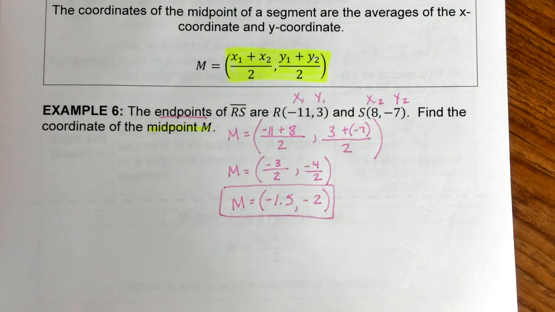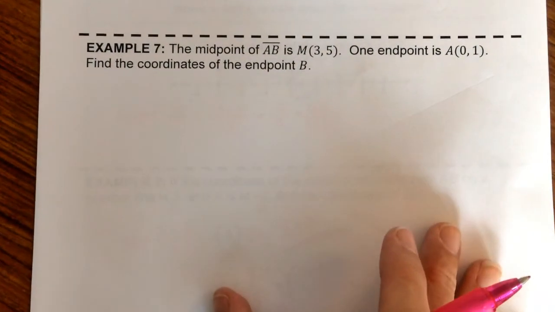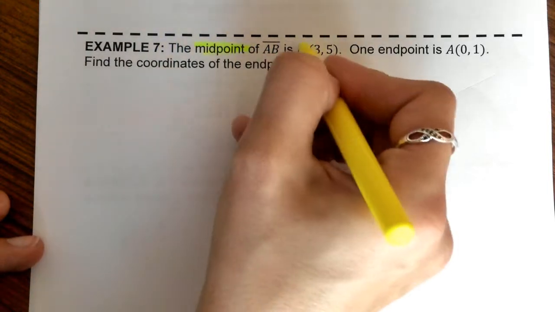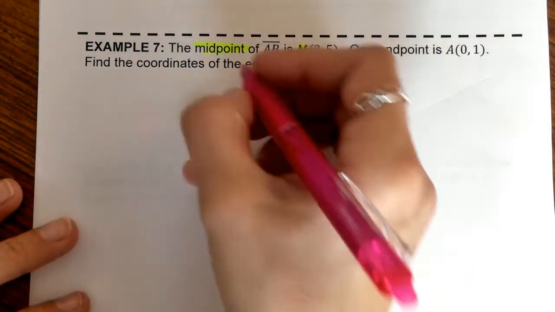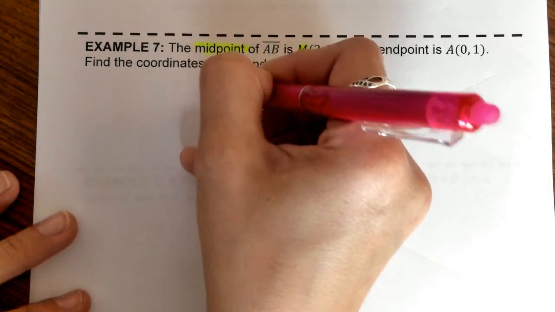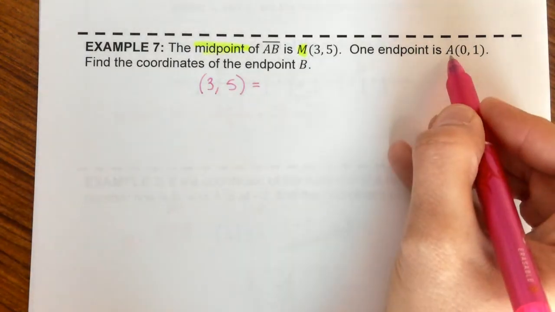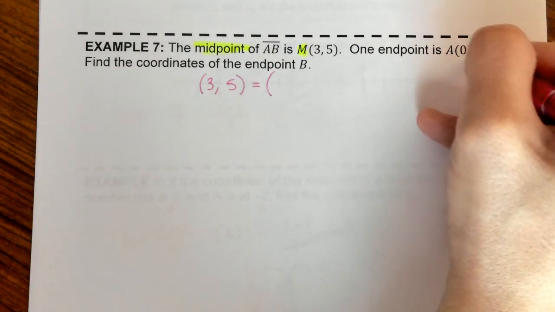Now, the next problem that we're going to look at, we're going to have to work backwards. This one takes a couple different steps. We have the midpoint, M, is at 3, 5. So in our formula, your midpoint is at 3, 5. This will be equal to, one of the endpoints, A of AB, is going to be at 0, 1.